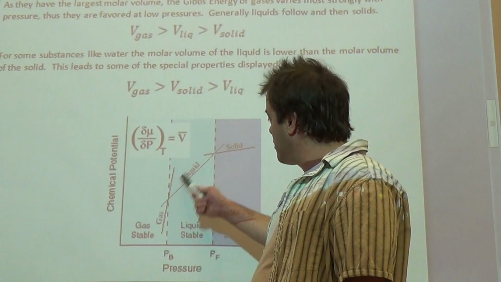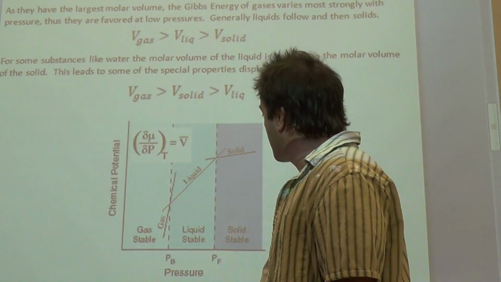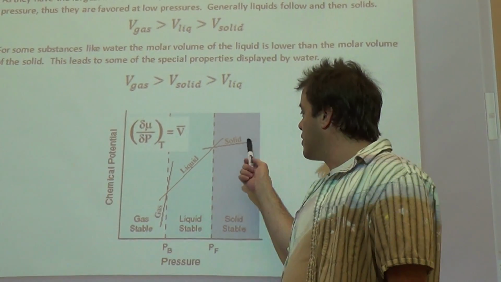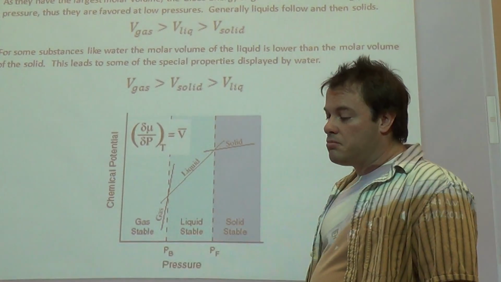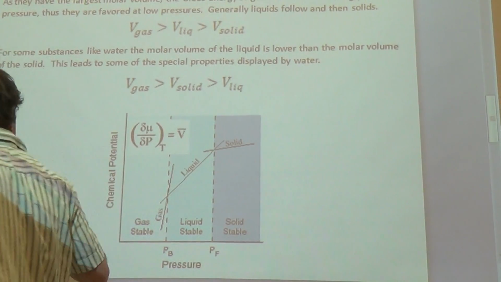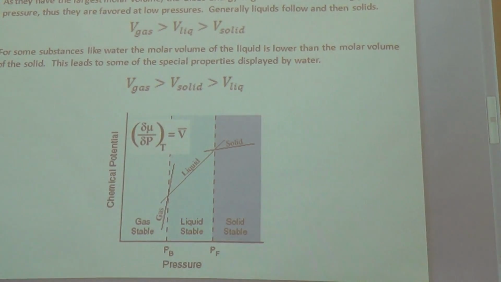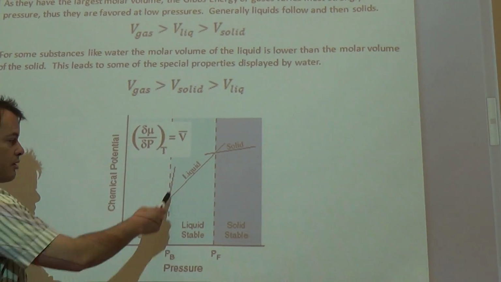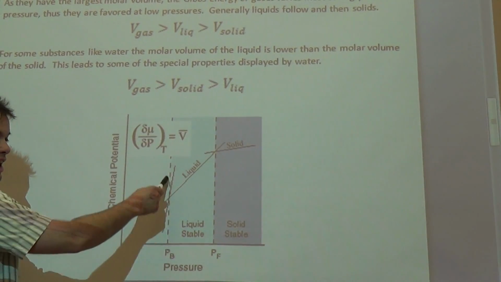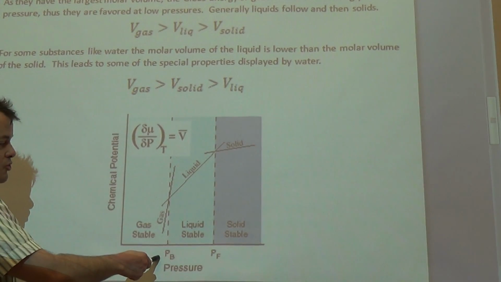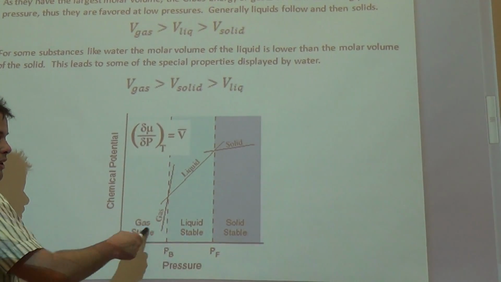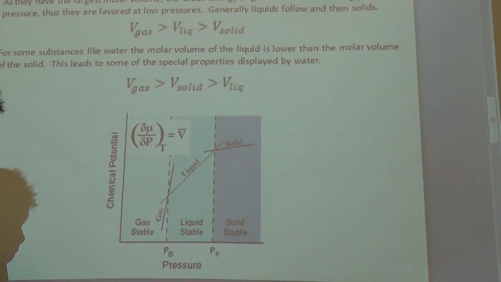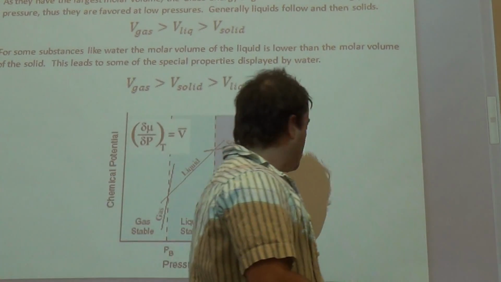And the liquid has generally the next smallest volume, and the solid has the next smallest volume. And so the slopes of those lines end up being less than that of the gas. And the suggestion then was that as we lower pressure, because the Gibbs free energy of the gas drops most rapidly with pressure, the free energy of the gas is the lowest for low pressures.